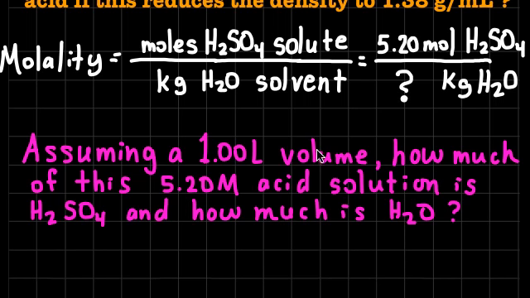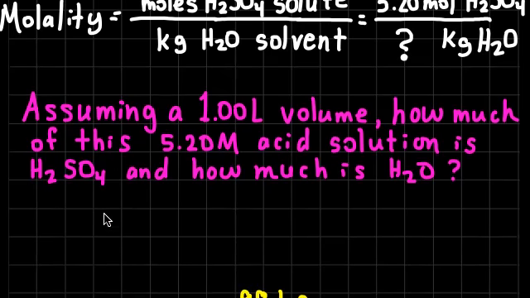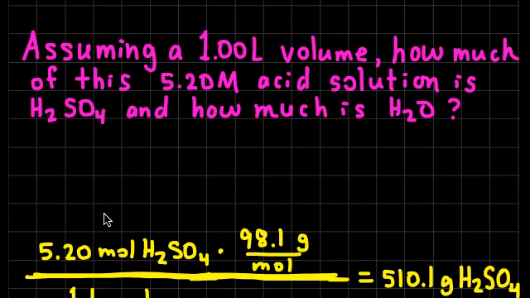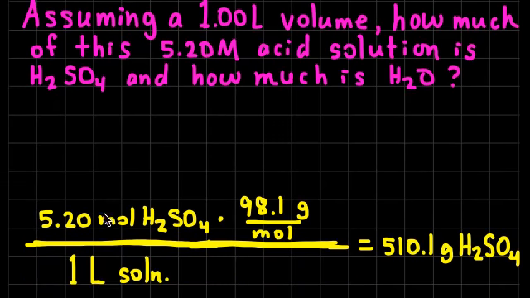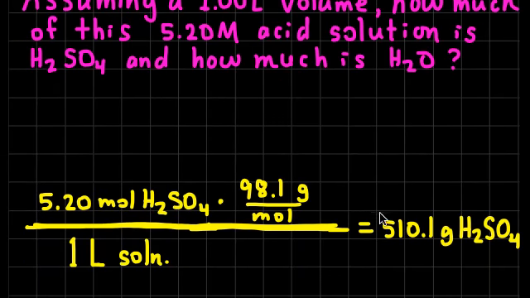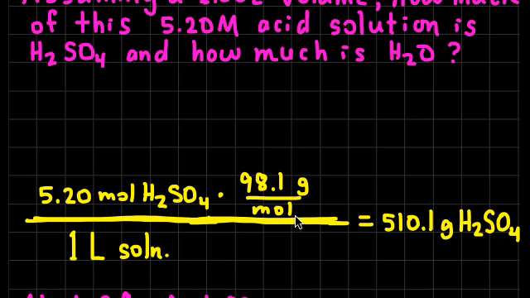Assuming 1 liter volume, how much of this 5.2 molar acid solution is sulfuric acid and how much is water? Well, again, I could convert moles to grams in a liter. So there's my diluted molarity, my grams to molar mass of the sulfuric acid.